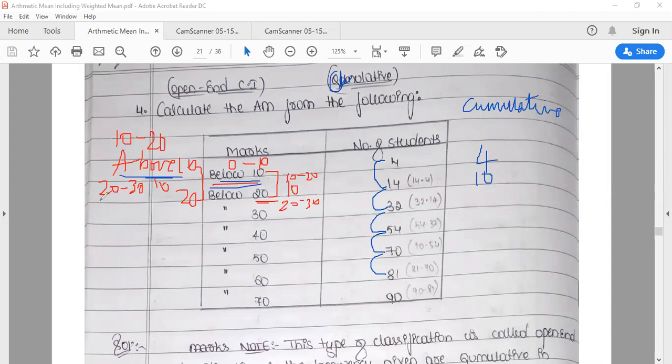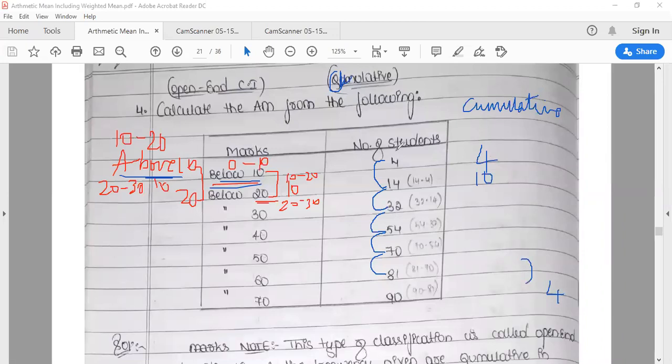But for above, the small number will be at the end. If the small number is at the end, write down the smallest number first, then go on subtracting the previous number.